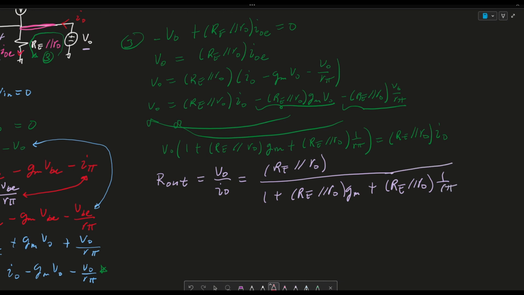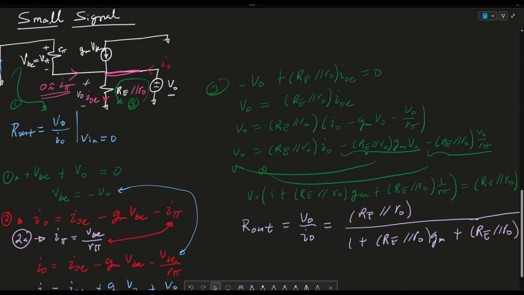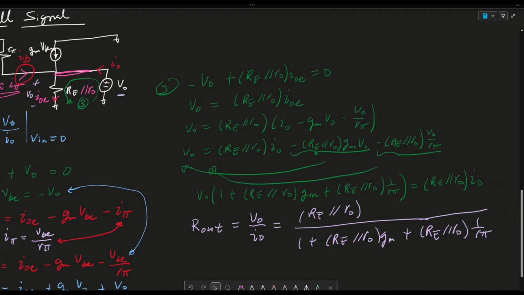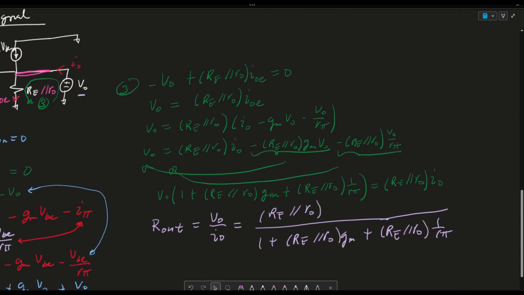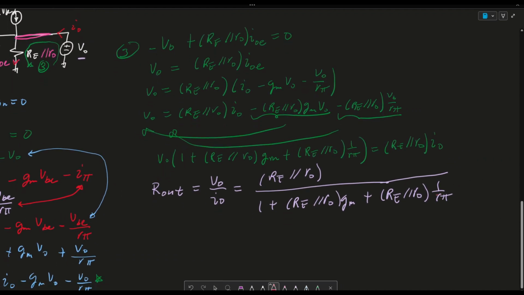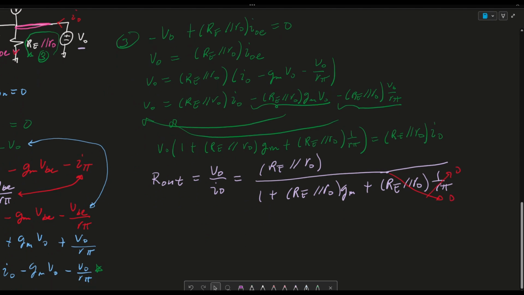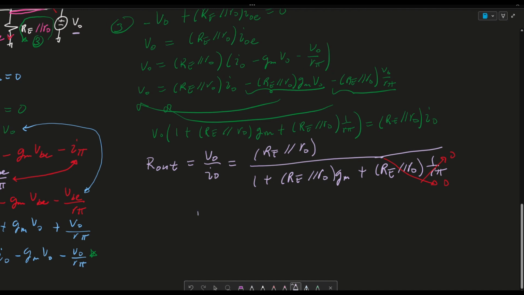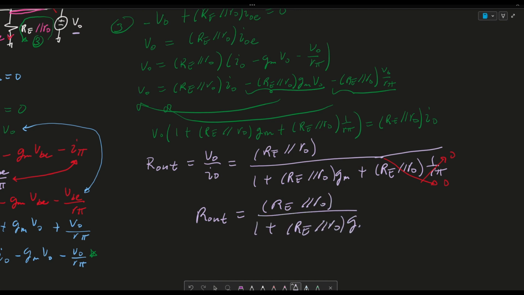Again, for a situation where we consider that the current going in here, which is IB in a BJT, is extremely small, that means that R pi is big. So 1 over R pi goes to 0, so this whole term goes to 0. And so then we're left with R out is equal to RE in parallel with RO over 1 plus RE in parallel with RO times gm.